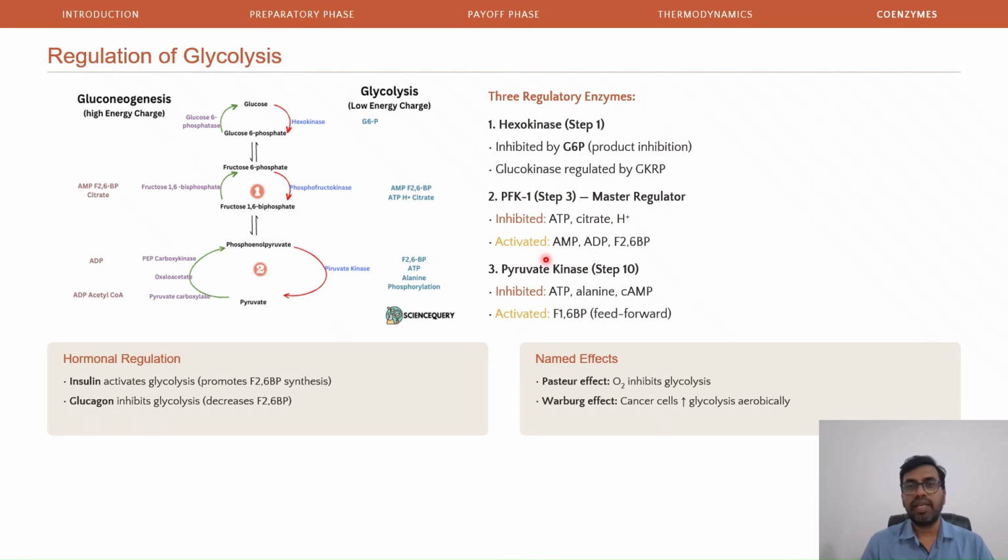Now, this particular enzyme is activated by AMP, ADP, and fructose 2,6 bisphosphate. That we will discuss in another lecture, how this particular compound will be formed and why this will activate this phosphofructokinase 1 alpha. Now, increase in AMP does mean that there is a high utilization of ATP.